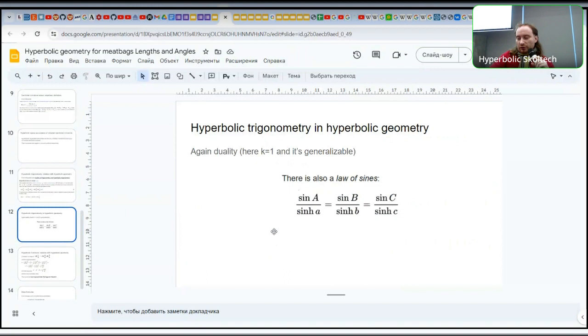All the models of hyperbolic geometry differ just by multiplication of all lengths by k, so they are all similar to each other. Also, there are several other trigonometric laws, and the law of sines is self-dual, since we can take the inverted law of sines, and this says the same thing.